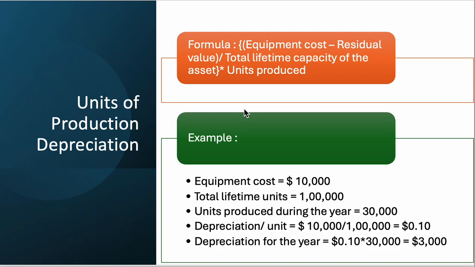For instance, if a machine costs 10,000 and will produce 1 lakh units in its lifetime, then each unit will depreciate the equipment by 10 cents. So if you produce 30,000 units this year, your depreciation would be $3,000. This method ensures that the cost matches the actual usage, making it ideal for manufacturing industries.